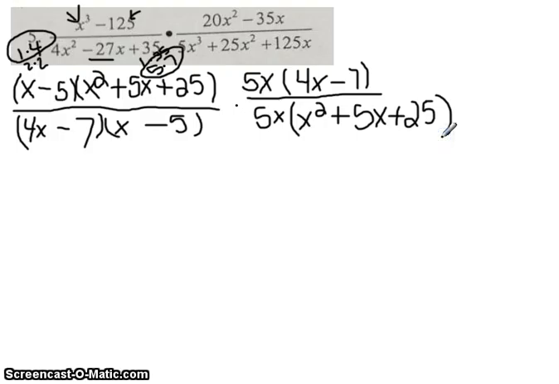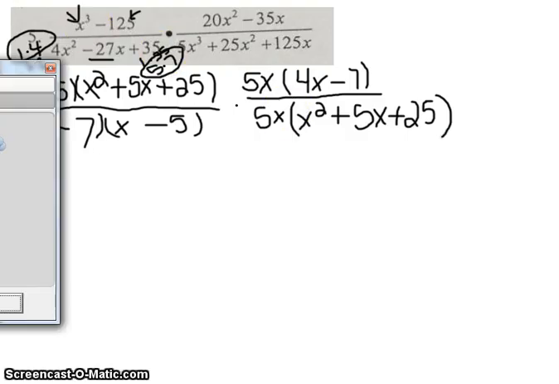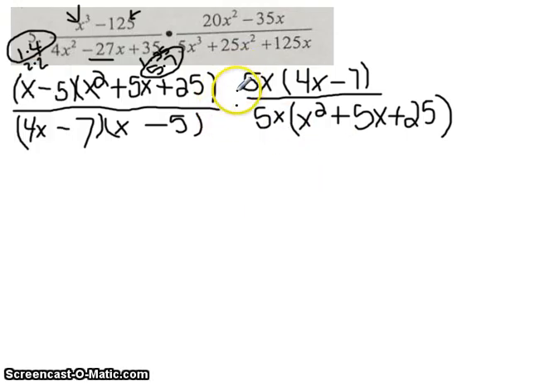Now what we need to do is cross out like terms or reduce everything to 1. So to do that, I'll get the red pen, and we've got 5x over 5x, which reduces to 1.